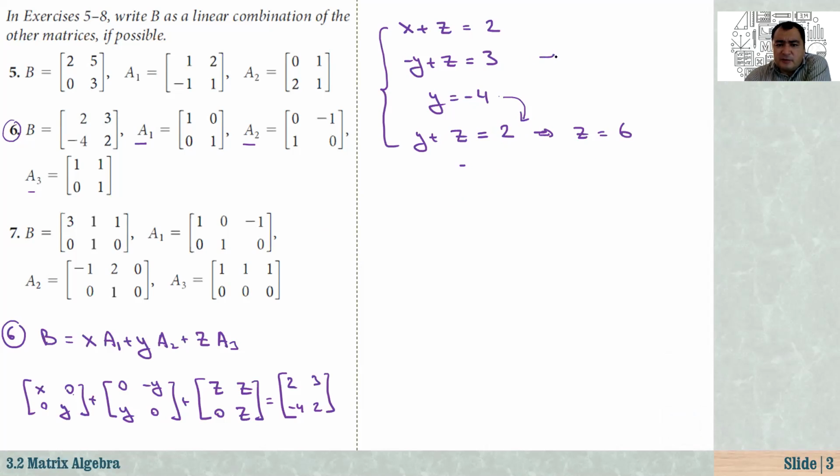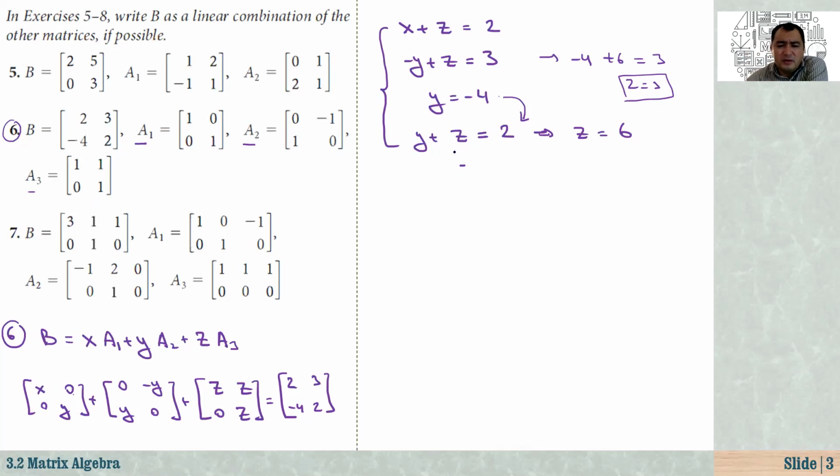If you substitute into the other equation, y is -4 and z is 6, so -4 plus 6 is 2, but on the right hand side it is 3. So 2 equals 3, here we have a contradiction. That means it is not possible to write B as a linear combination of A1, A2, A3. That is just a short way, because it is obvious here.